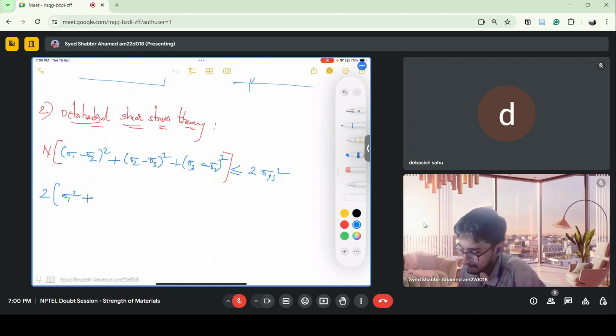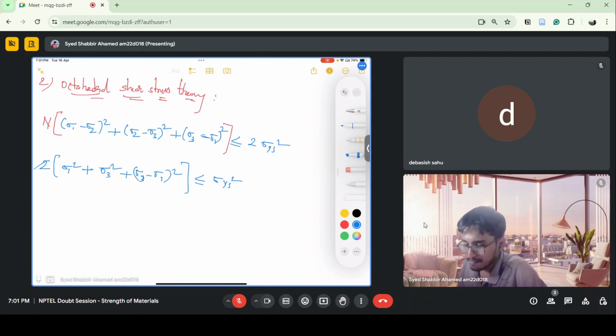Sigma 2 is 0 in this case, and then sigma 3 square, and we get sigma 3 minus sigma 1 whole square. The 2 I can cancel on both sides, so I'll get sigma 1 square.